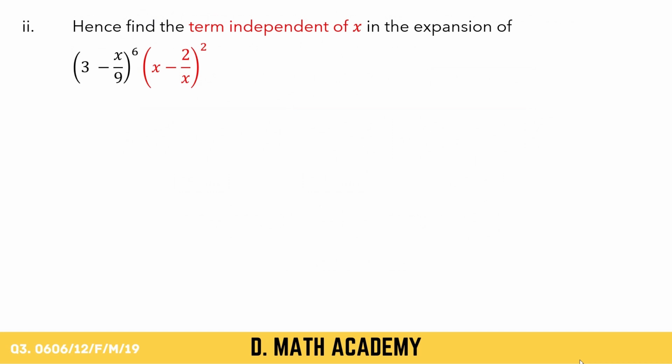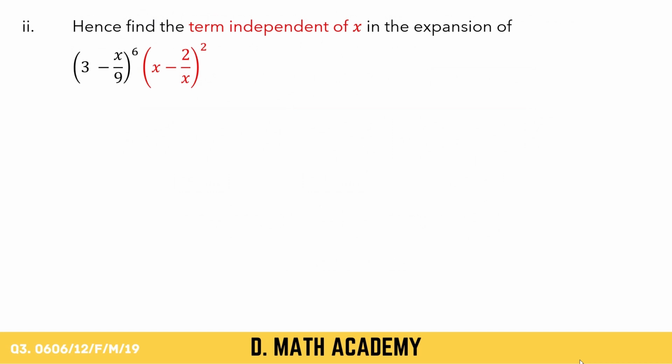You're required to expand the new formula introduced to you to the fullest, so you can run the manual calculation to trace terms independent of x. So some of you might be confused right now what is term independent means. It's actually referring to no x at all, or you can take it as x to the power of 0.